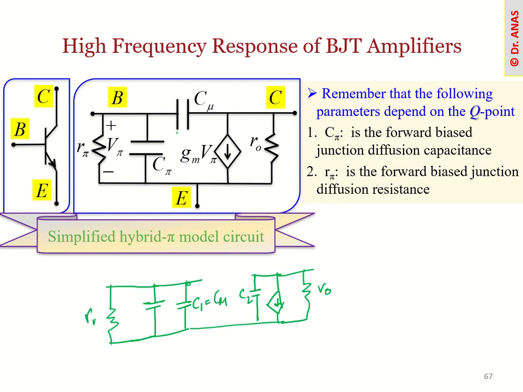This is R pi, this is C pi. So this C mu can be divided into C1 and C2. Once we divide them, our circuit becomes simple like the earlier one, and we can analyze this circuit to get the frequency response analysis with the high frequency components, including the stray capacitance. We will solve the relevant example in the live session. Thank you very much for your time.